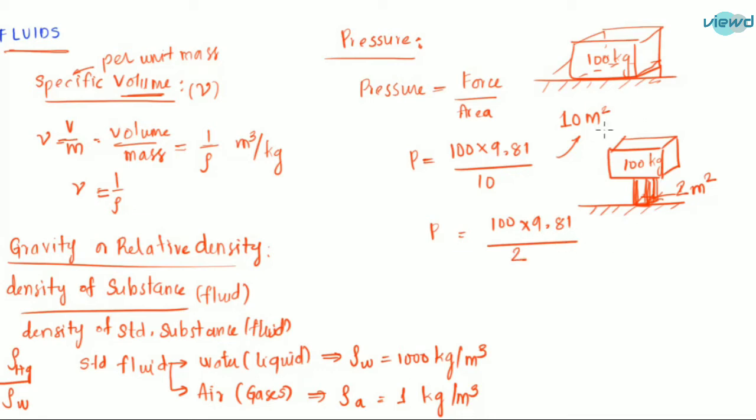Here the resisting area is smaller compared with the previous one, so the pressure is more. In the first case the resisting area is larger, so the pressure is less.